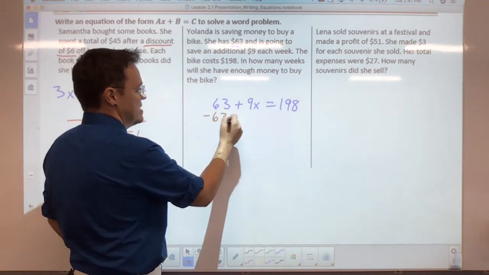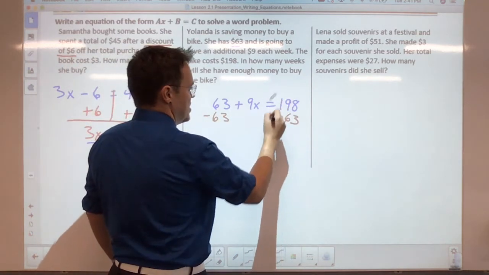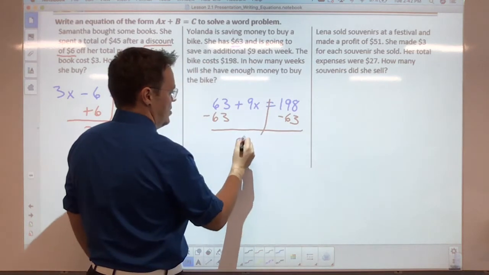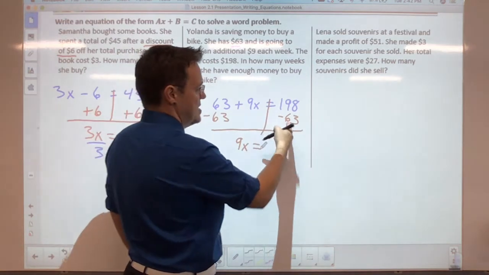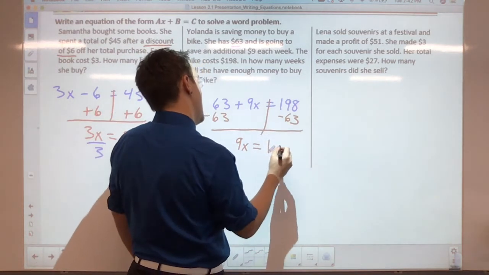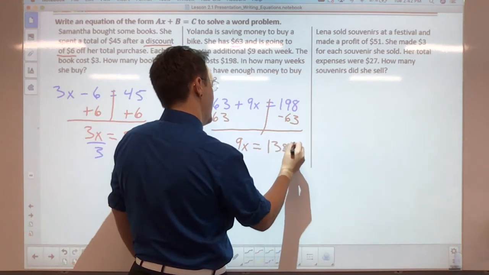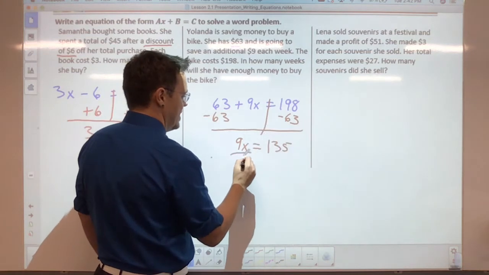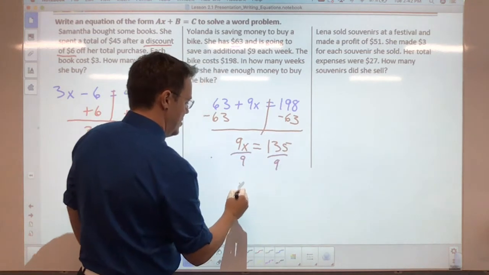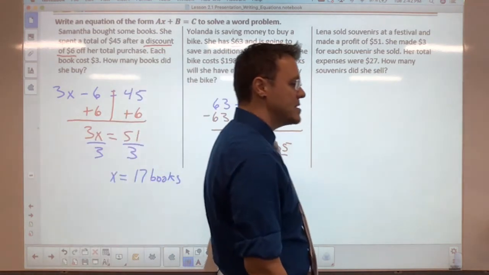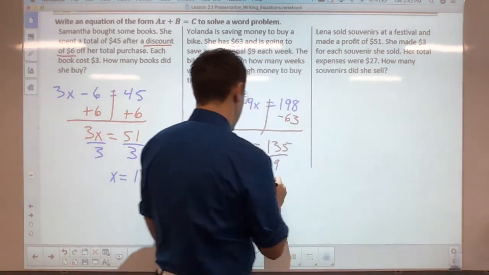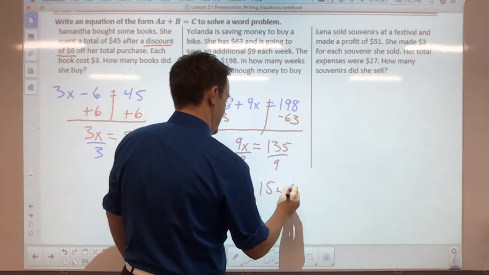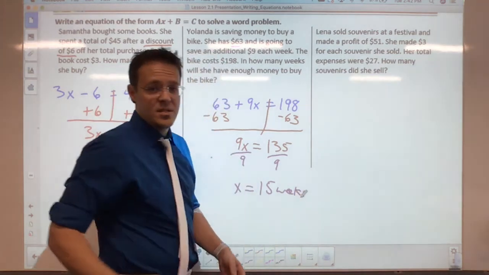So you subtract 63, because we know that's how much she saved so far. You have 9x. You do your math on this, and it's going to come out to be 135. Divide by 9, and it would take her approximately 15 weeks to save.